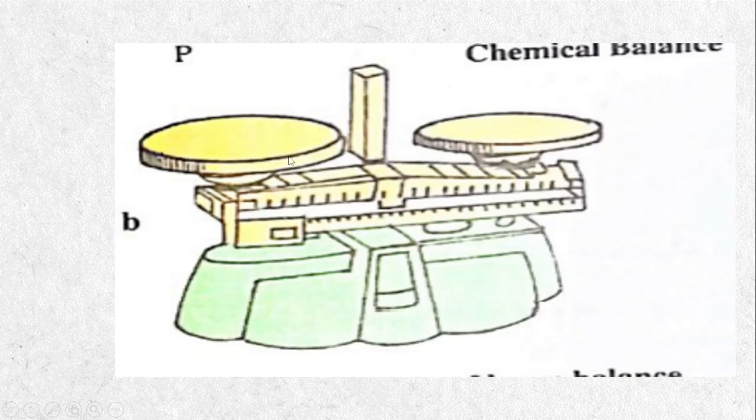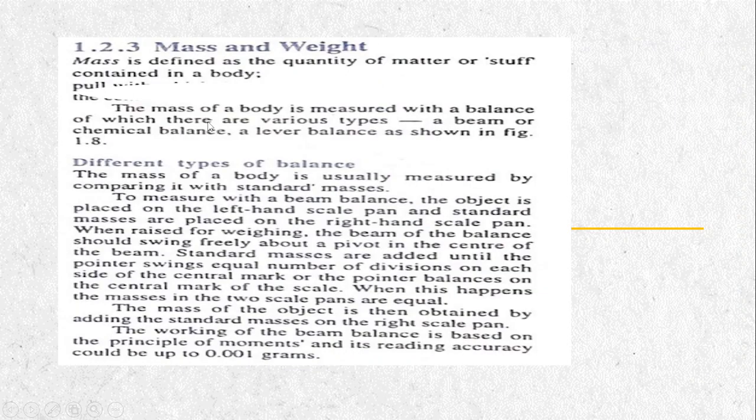So we can determine the mass of the body. Please we need to understand that. The mass of the object is then obtained by adding the standard masses on the right scale pan. The working of the beam balance is based on the principle of moments, and its reading accuracy could be up to 0.001 grams.